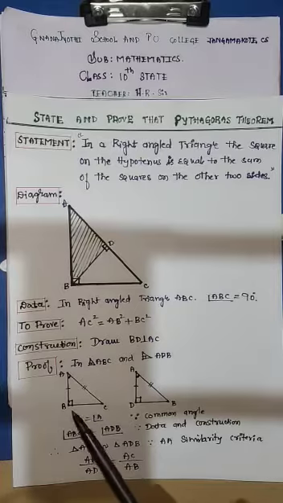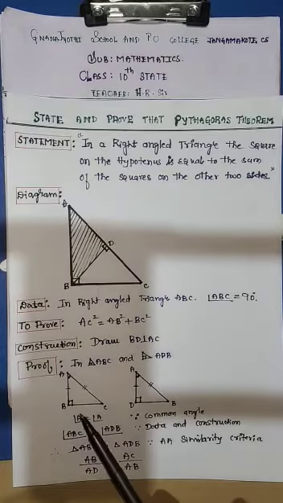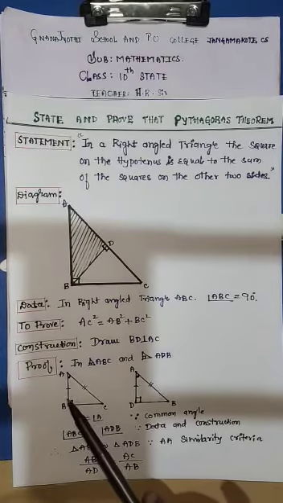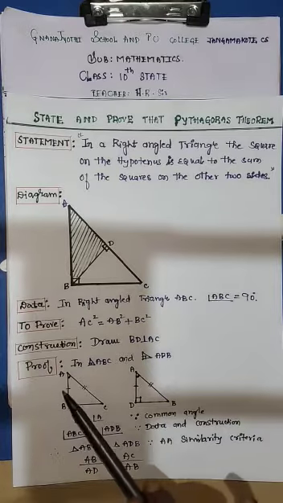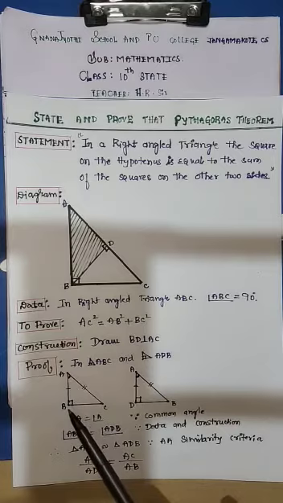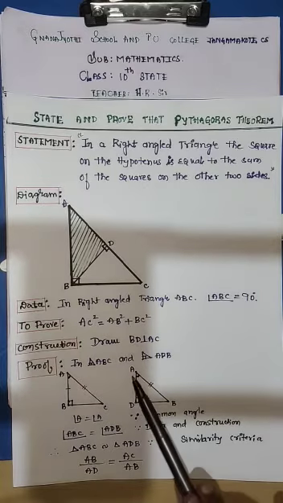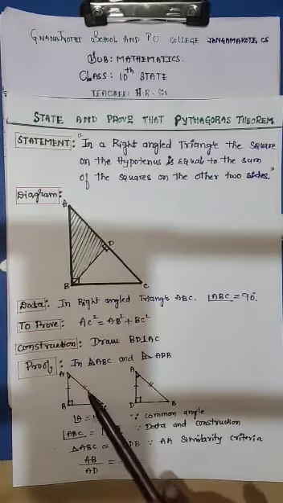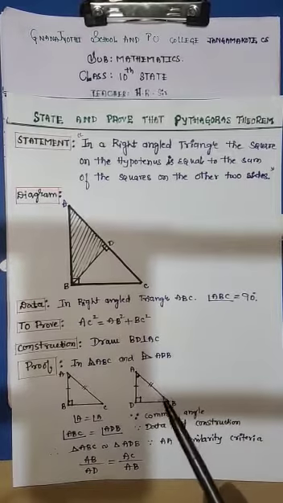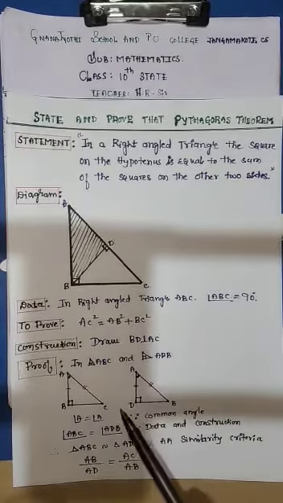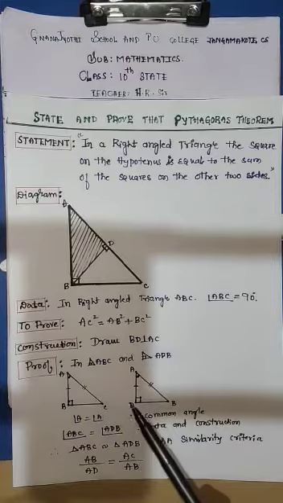It is clearly seen that AB is corresponding to AD and AC is corresponding to AB. So we can compare the sides of these two triangles.